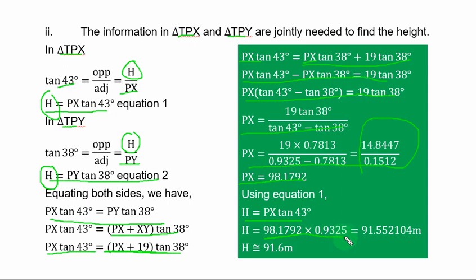You multiply it and that gives 91.552104 meters. So, to 1 decimal place, the height is approximately equal to 91.6 meters. That is the height of the tree.